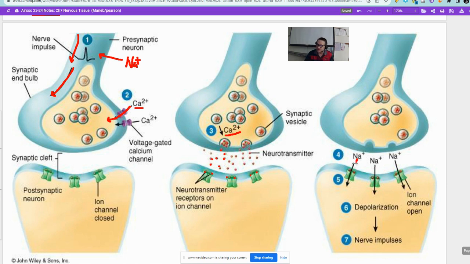And that's what allows sodium to start diffusing into the dendrites of the next neuron. And that's depolarization. And remember, if it gets depolarized enough by excitatory stimuli, an excitatory postsynaptic potential, and it reaches the threshold of negative 55 millivolts, the next neuron will fire an action potential.